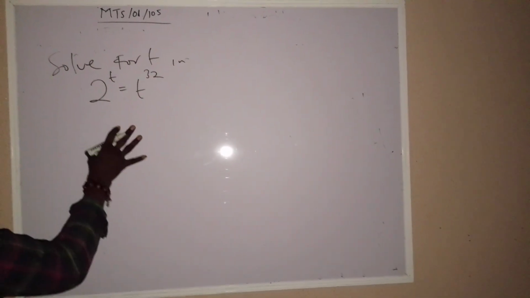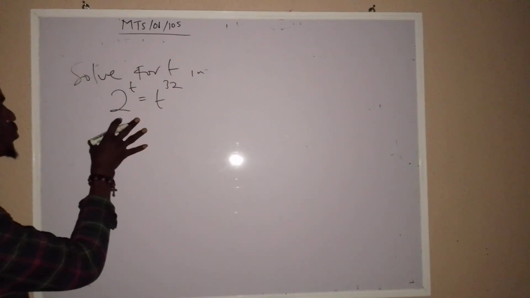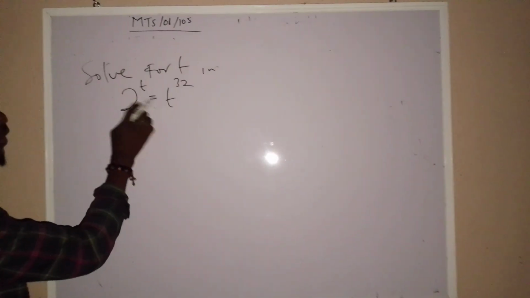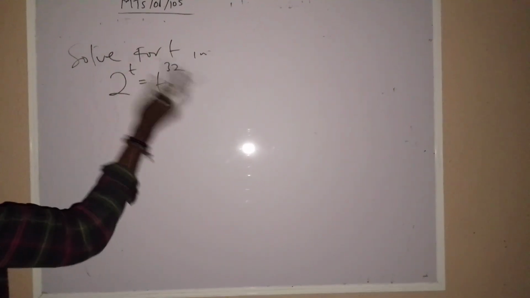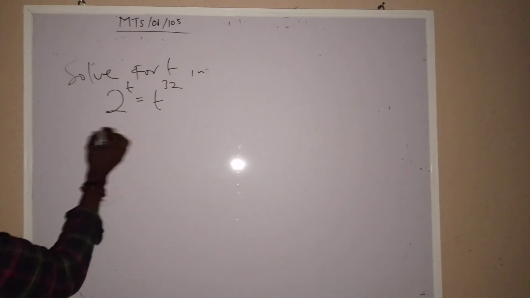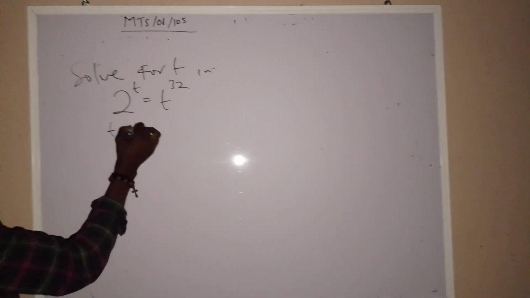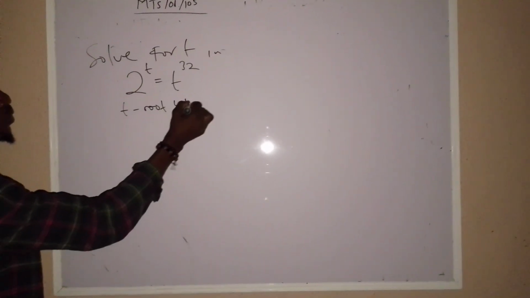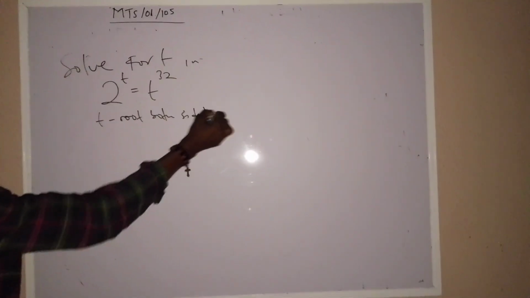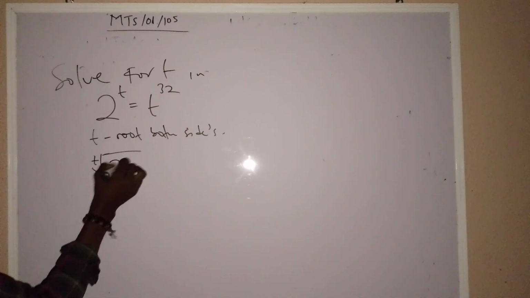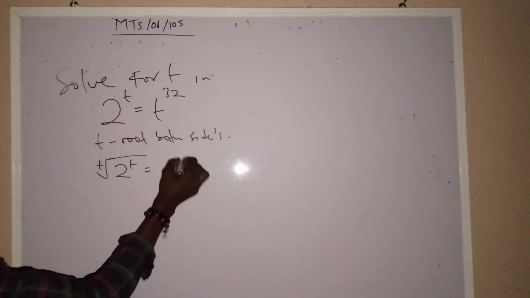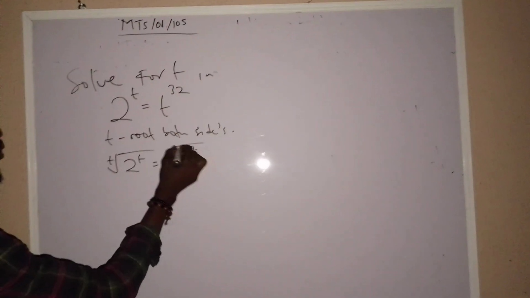Alright, so this is a tricky exponential equation. So now look at this. We find a way that this t gets here, and numbers go here, or t comes this side, either way is okay. So what you do is take the t root of both sides. That will be t raised to the power t equals t raised to the power.